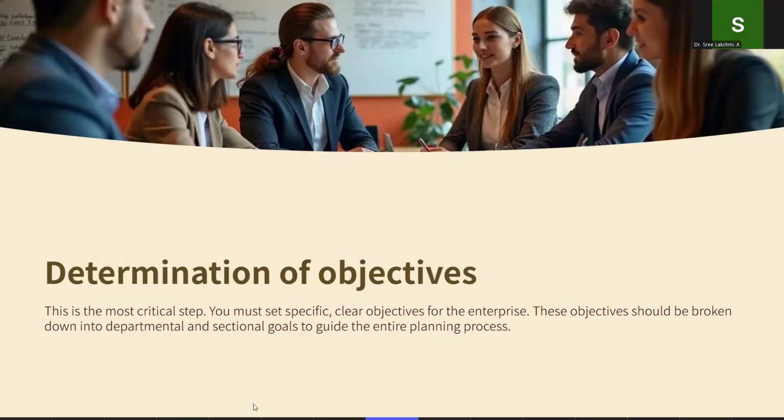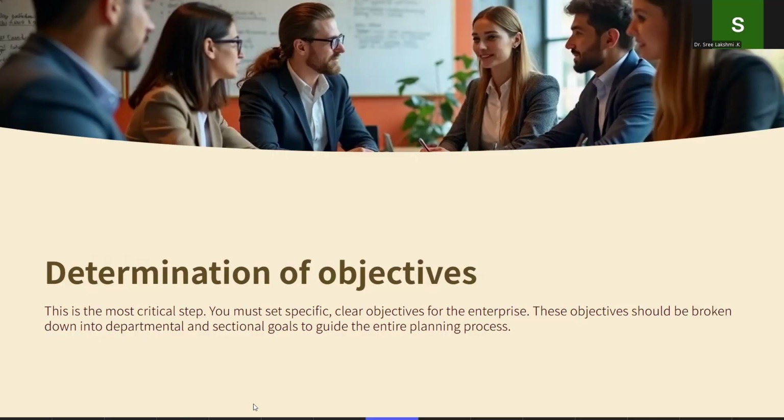So it is moving on from understanding the objectives of the firm and making them clear and specific to indicate the end result of planning activities. The objective should be for the enterprise as a whole, and then they must be broken down into departmental and sectional objectives.